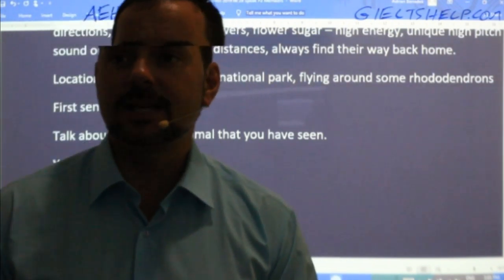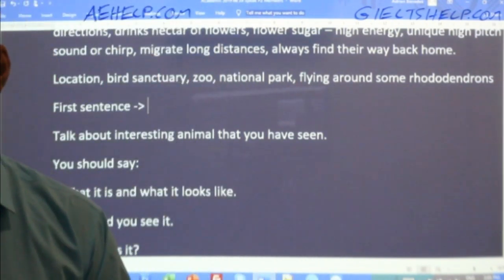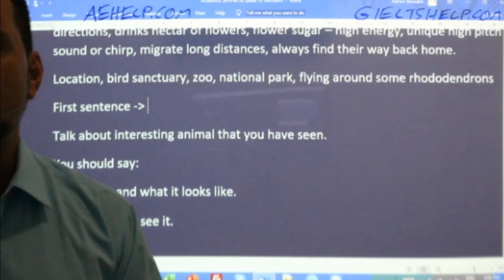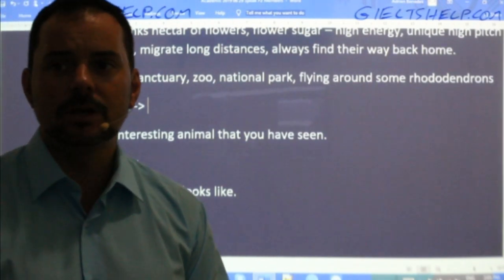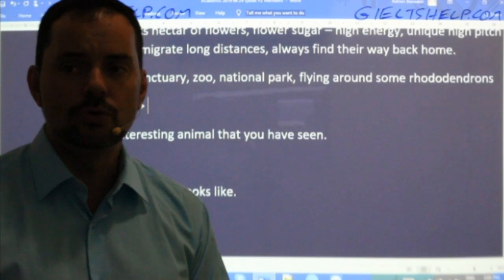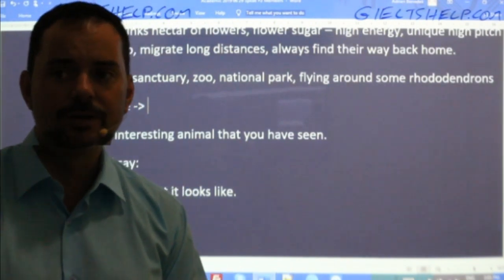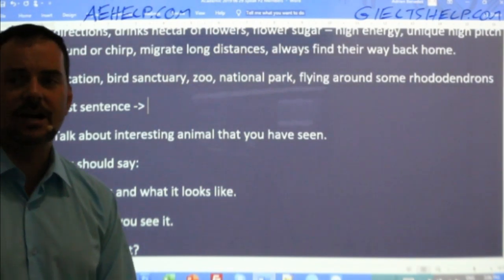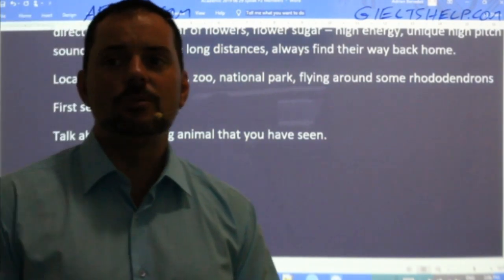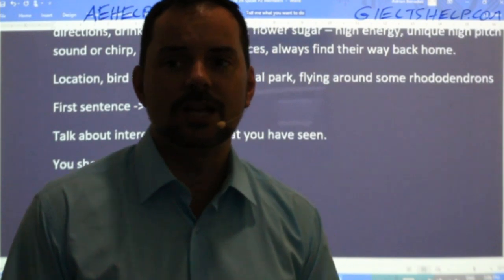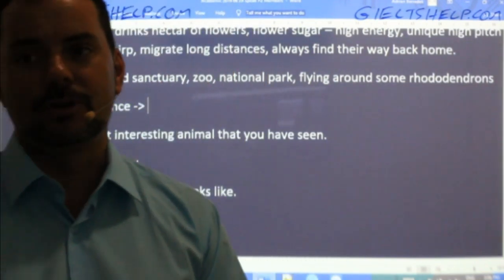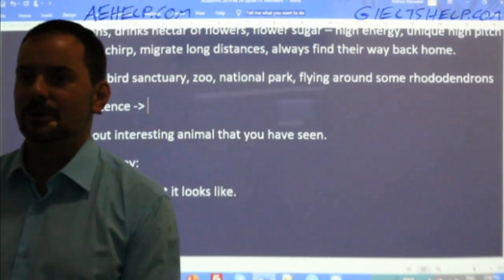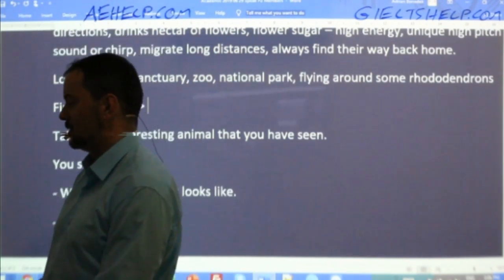The most interesting animal I've seen in a sanctuary was when I went to East America last June, and it was a hummingbird. Amarjeet says, one animal that I have seen, which is very interesting, is the hummingbird. Okay, hummingbird. Okay, careful with your grammar, students.